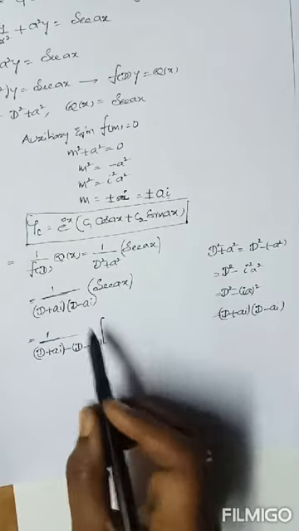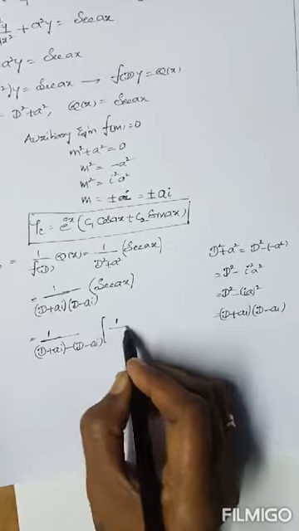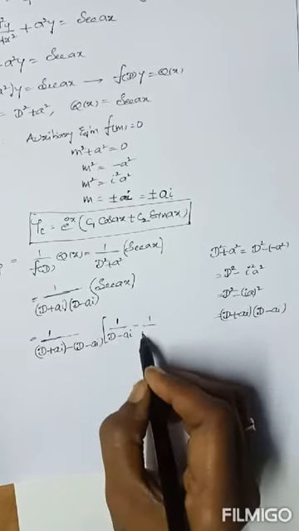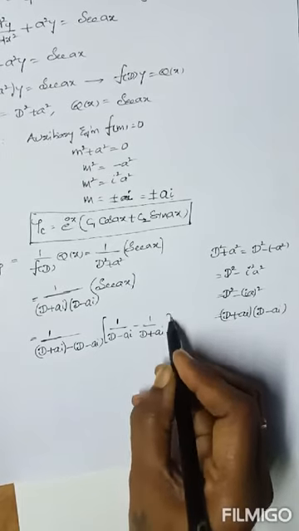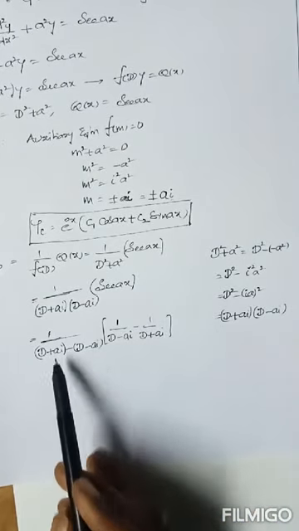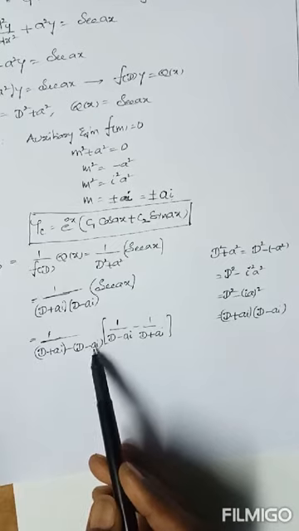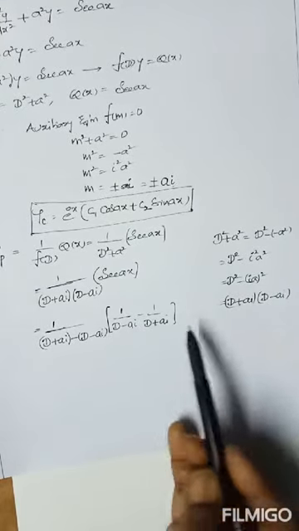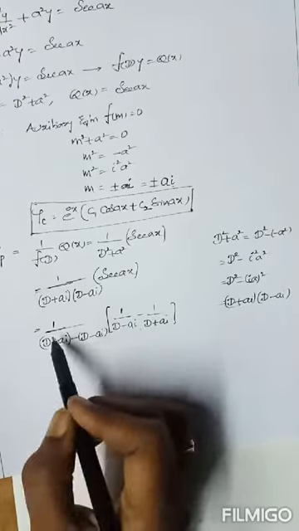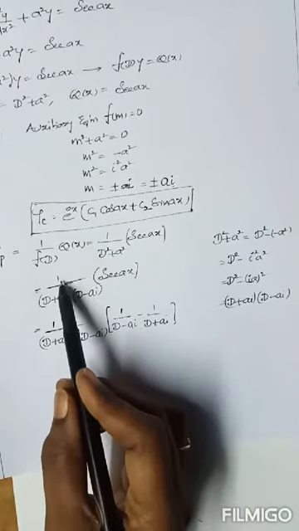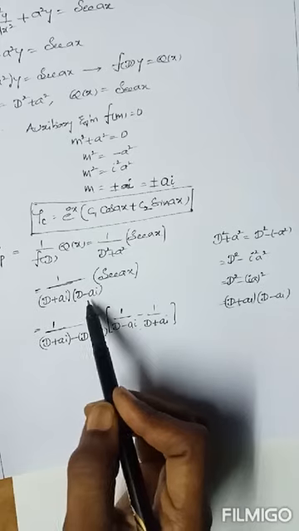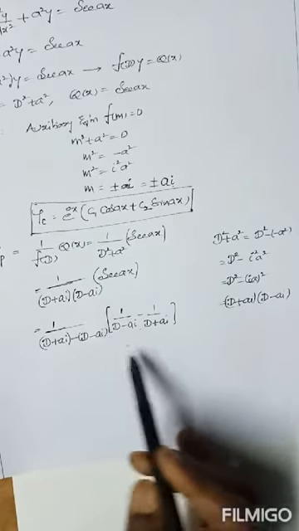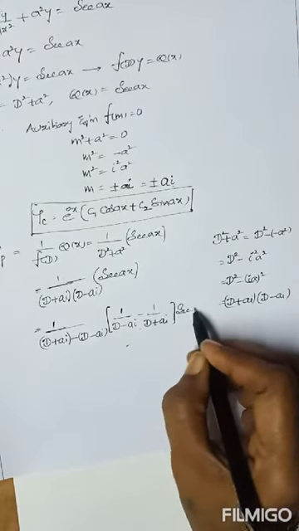Here, for the smaller factor, 1 by d minus ai minus 1 by greater factor. Once again, outside of the bracket, 1 by greater minus smaller; within the box, 1 by smaller factor minus greater factor. Greater minus smaller, smaller minus greater. This is applicable only for this type of fraction: if there is a constant in the numerator, and first degree factors are in the denominator. In this case, this is the shortcut, secant ax.